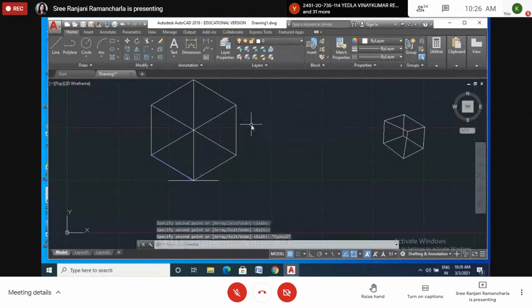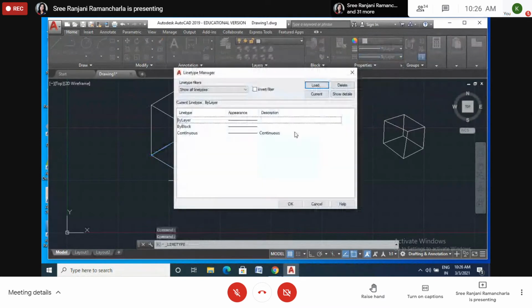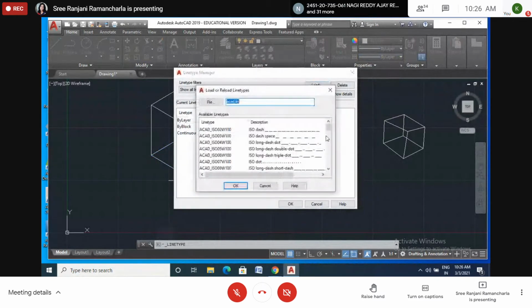Here a few edges are not seen, hidden. So I will draw the hidden lines here. I have to set this one also, then load. This is also a hidden line, but it is very close.